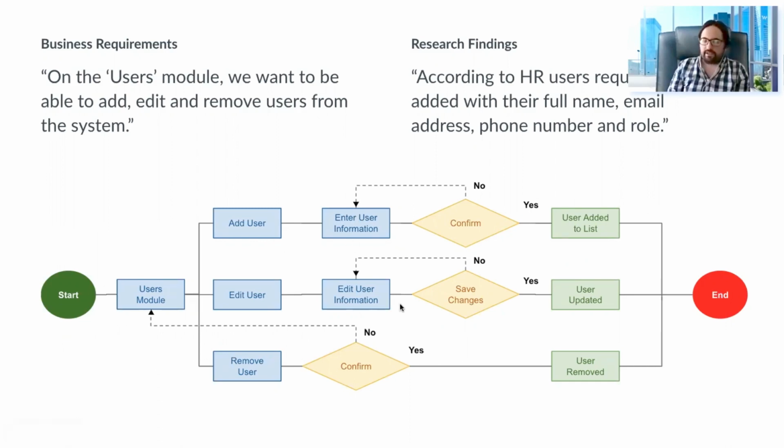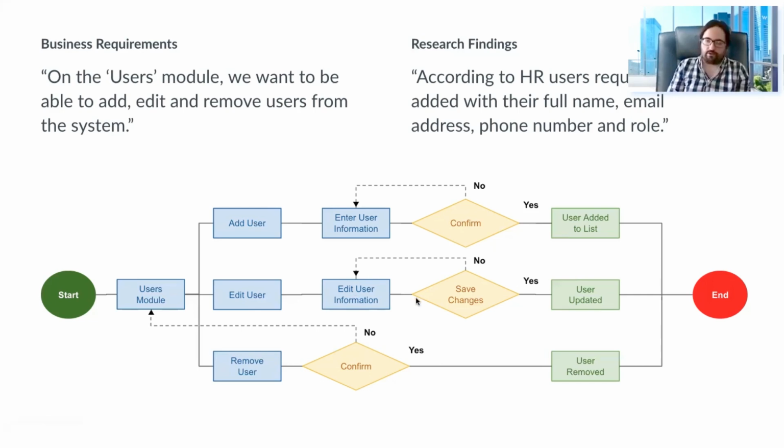In this case, I'm not saving changes at the same time I'm editing information. I'm editing the information first, and then I'm confirming that this needs to be saved on that record, so the user is updated. So either way, I think the more detail you can give to these sitemaps, usually the best.